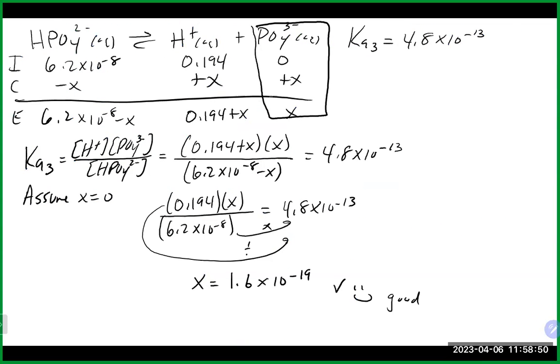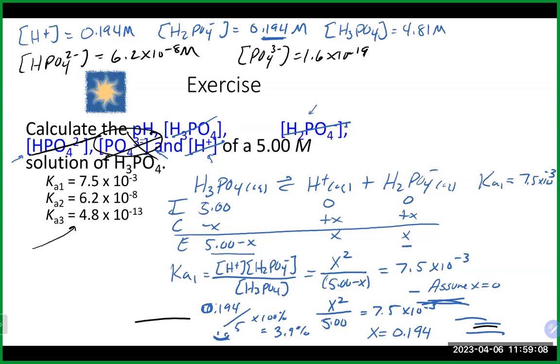Also, if I was to add that X value back into here and back into here, would those concentrations change? They would not, because that's a super small number, right? The minus 19. So again, not very much came off. So what we see when we analyze going through each of the steps here and what is produced, is that the amount of H plus that comes off, the majority of it came off in which step?